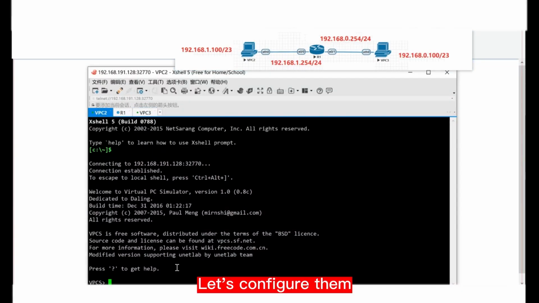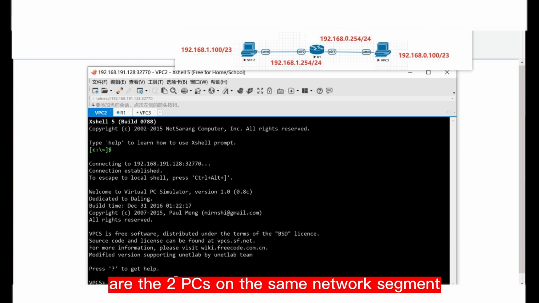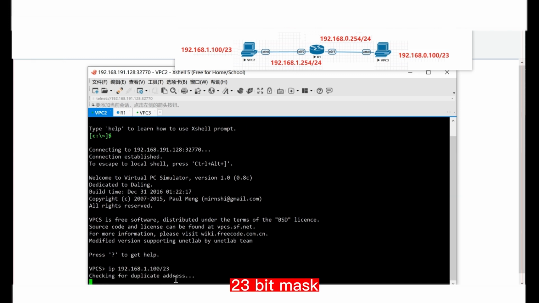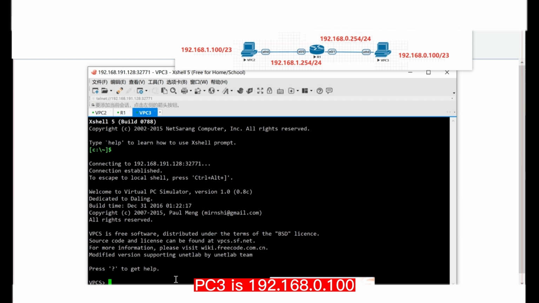Let's configure them. First, think about a question. For this scene, are the two PCs on the same network segment? PC2 is 192.168.1.100 with a 23-bit mask. PC3 is 192.168.0.100 with a 23-bit mask.